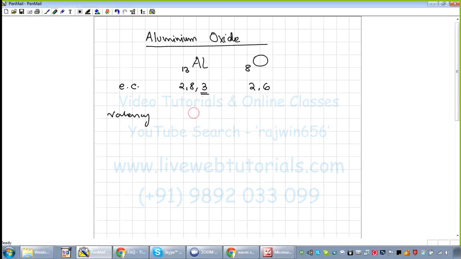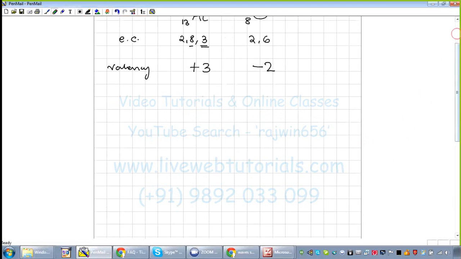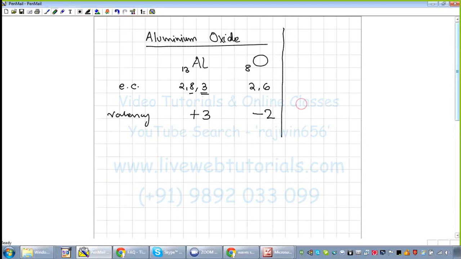We will donate 3 electrons to make an octet for this orbit. The valency is +3. This will have valency -2. So aluminium valency 3, oxygen valency 2.